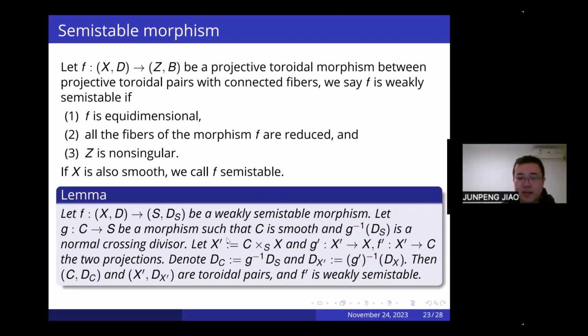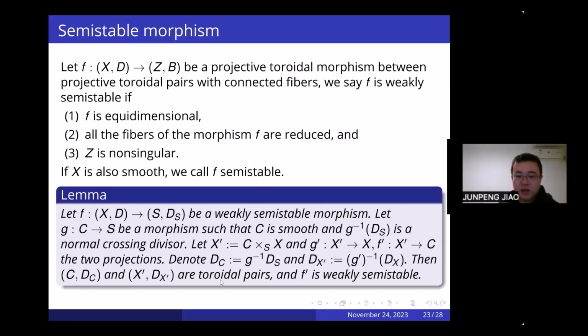And the following is a lemma. This lemma says, given a weakly semi-stable morphism f and a morphism C to S from a smooth variety to the space S, such that the inverse image of D_S is a normal crossing divisor. Then the pullback, the base change of f via this map, will give us a new semi-stable morphism.